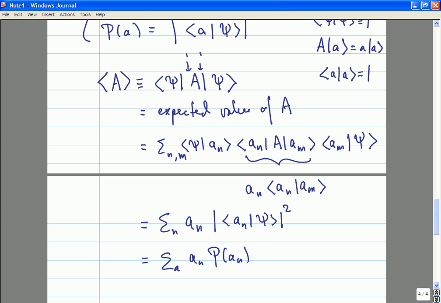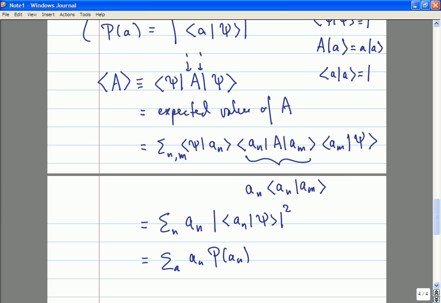So what I'm saying here is something rather elementary: if the probability of observing an eigenvalue a is the overlap of psi with a squared, then the expected value of the observable A is the sum over all of those probabilities times the value of a. And indeed, using our usual rules in quantum mechanics, that is nothing more, nothing less than the overlap of the wave function psi with A times psi.